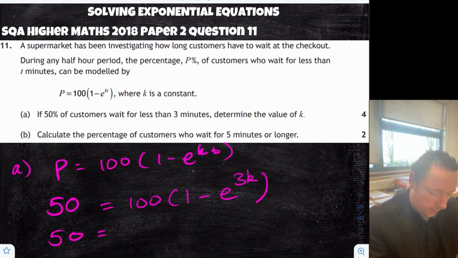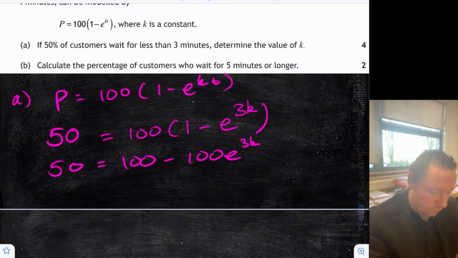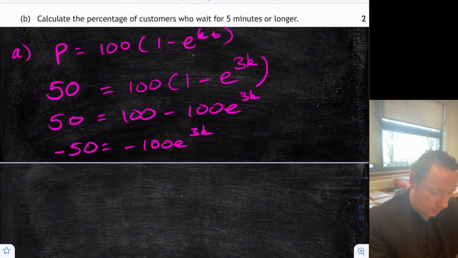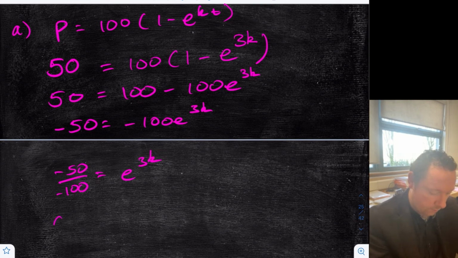Multiplying the bracket out, we get 100 minus 100e to the 3k. So we can take the 100 over. 50 minus 100 is minus 50, equals minus 100e to the 3k. Dividing through by minus 100, minus 50 over minus 100 equals e to the 3k. Well, that's a half, so that's 0.5 equals e to the 3k.